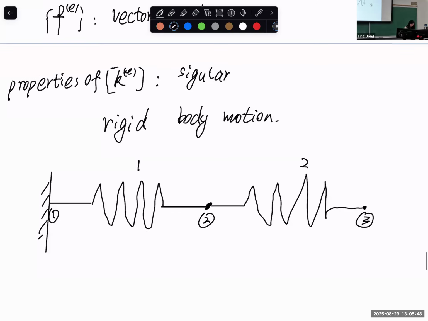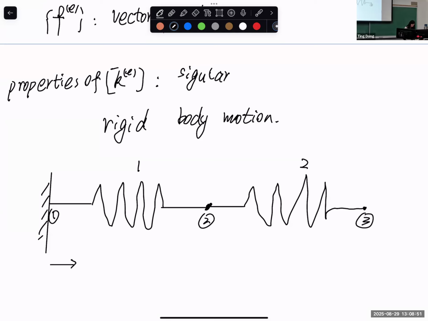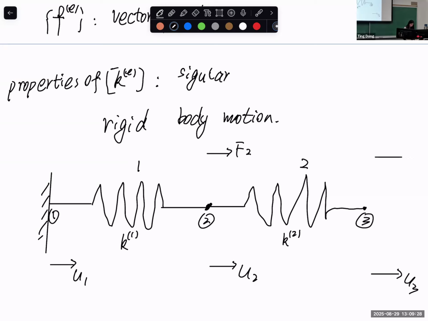And of course, we have displacement at node 1, we use U1. Displacement at node 2, we use U2 and U3. The stiffness of the spring, or spring constant, for the first element, K superscript 1, K 2. And the external applied force at node 2 is F2. And node 3, we use F3.